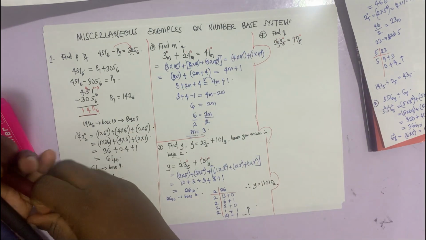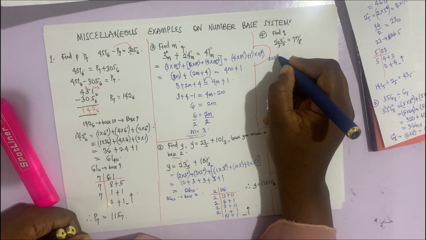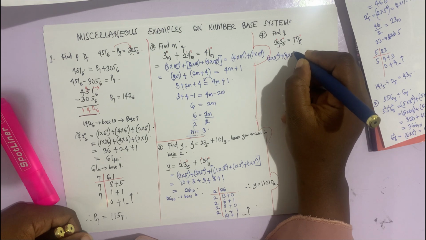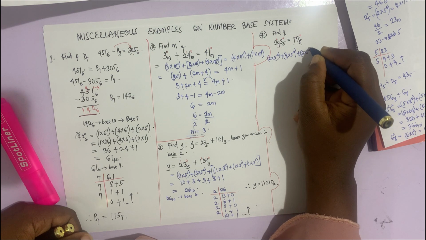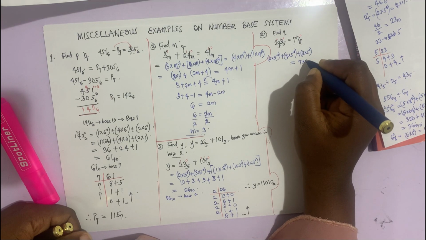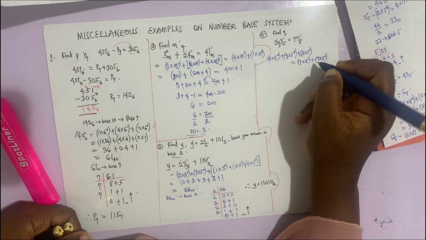So this becomes 2 times the base 5 raised to the power 2, plus q times the base 5 raised to the power 1, plus 3 times the base 5 raised to the power 0, would be equal to 7 times the base 8 raised to the power 1, plus 7 times the base 8 raised to the power 0.